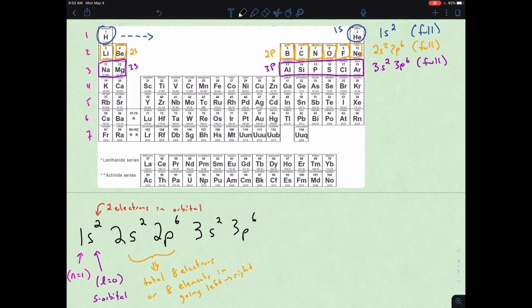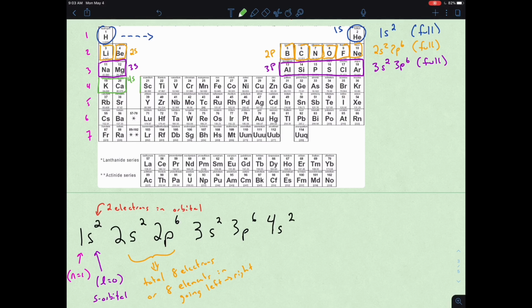So if we keep going, the next level would be the 4s2, where now we are filling in this set of orbitals with potassium and calcium there, those outermost electrons in the 4s.